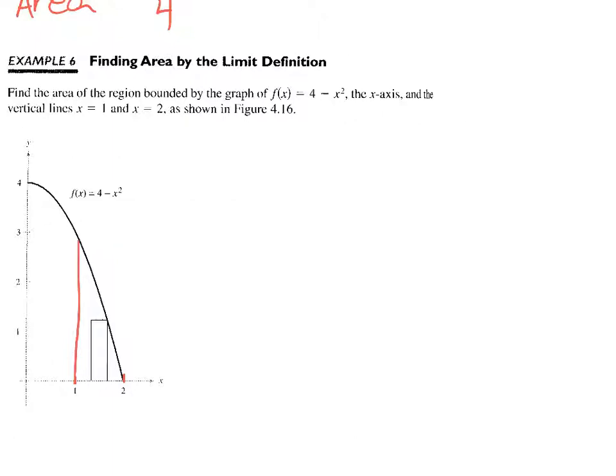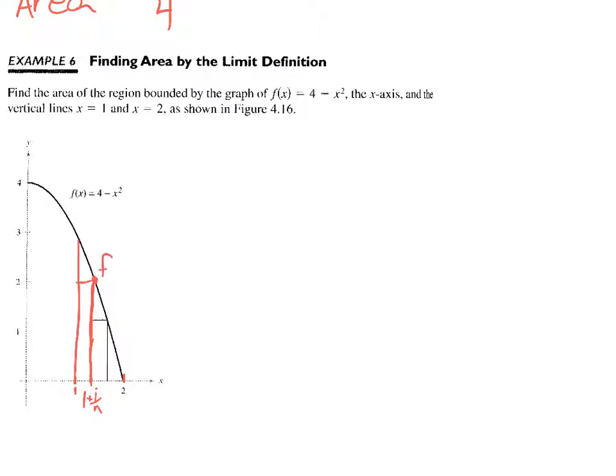Okay, so while I'm mentioning that, the c sub i, we're starting at 1, and each interval is going to be i divided by n, so x is then going to be 1 plus i over n. All right, so if we're finding this rectangle right here, the right-hand side is 1 plus i over n.